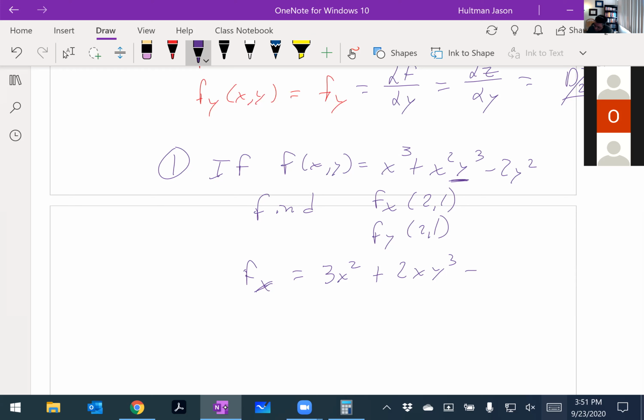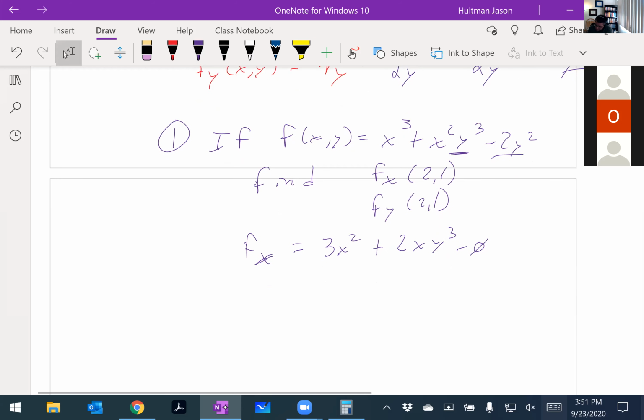Minus 0, right? Because the 2y squared would be a constant, and the derivative of that is 0. So I guess I'll put the minus 0 in there. So this is equal to 3x squared plus 2xy cubed. And so that's what f sub x is.